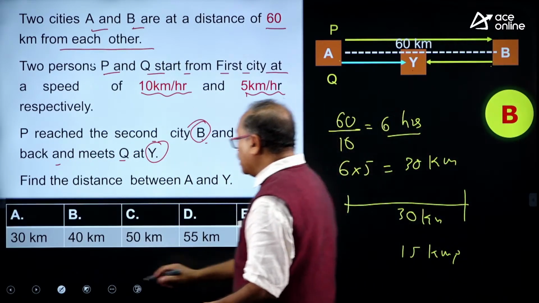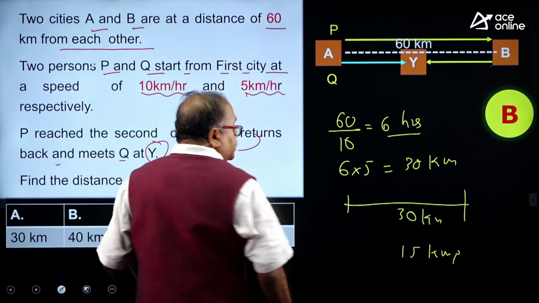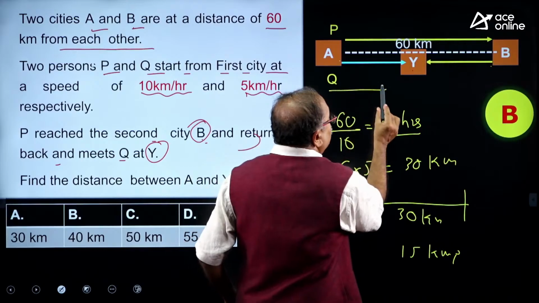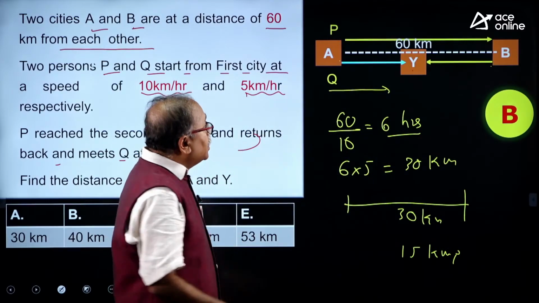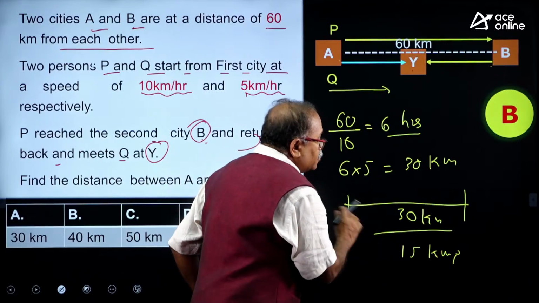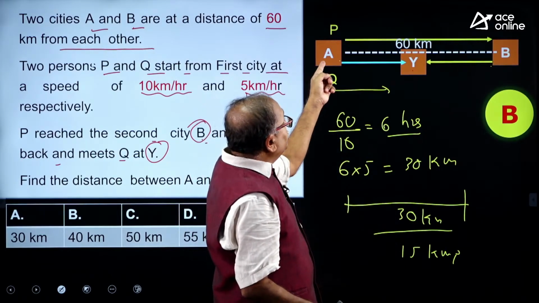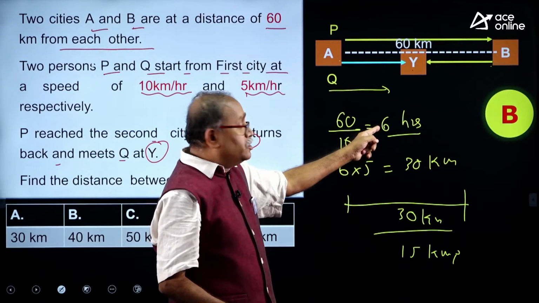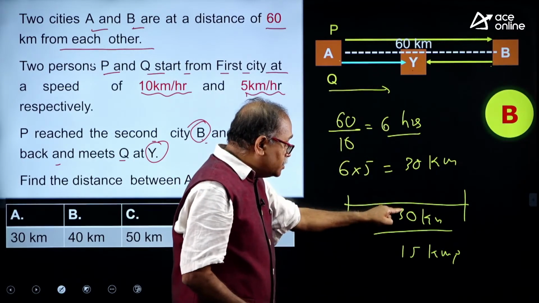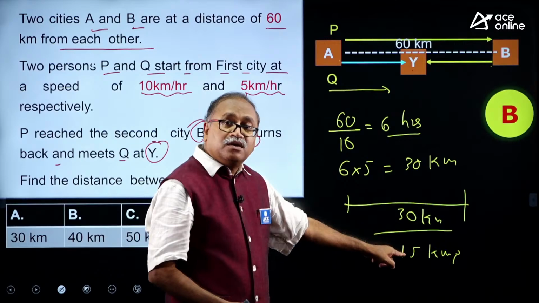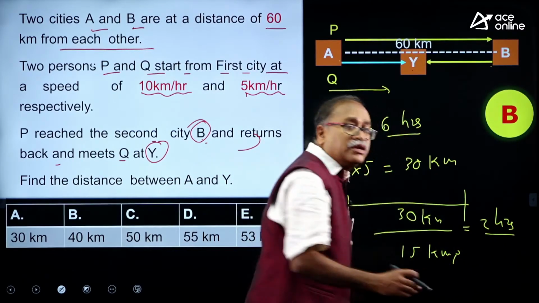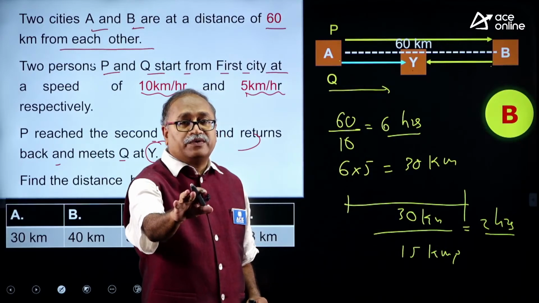How is it? Let us check this one. The 30 km is left. Q has already moved to a certain distance, and they are meeting at Y. Okay. What is the total distance left? After 6 hours, A has moved 30 km forward. Now, this 30 km divided by 15 km per hour, that means with a relative speed they travel for 2 hours.